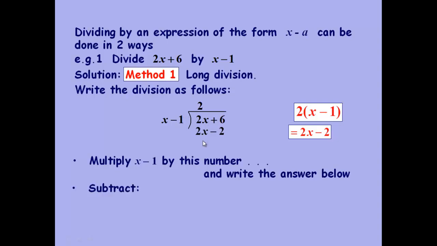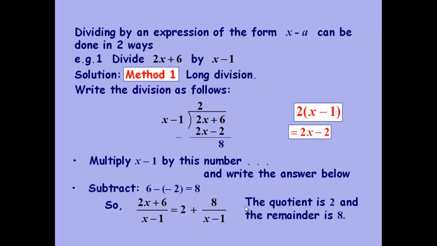So this bit should always be 0. And then 6 minus negative 2 gives us 8. We can't divide x into 8, so this is just left as a remainder. So 8's the remainder, and we just write it as 8 over x minus 1. So the quotient is 2 and the remainder is 8.